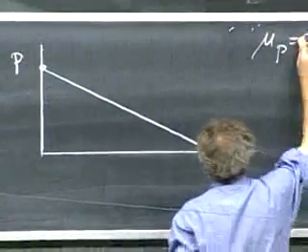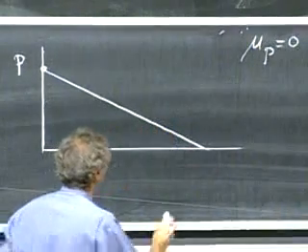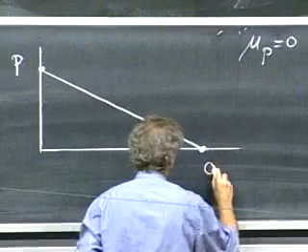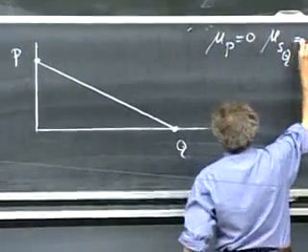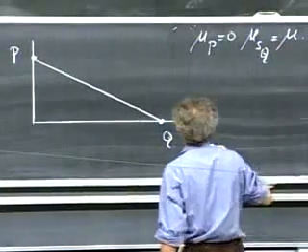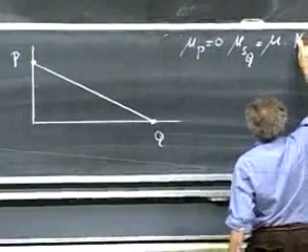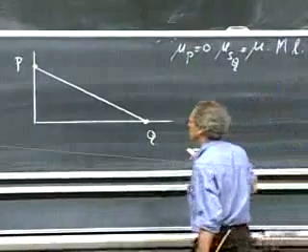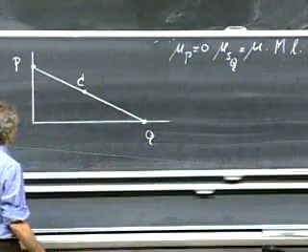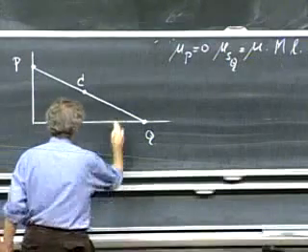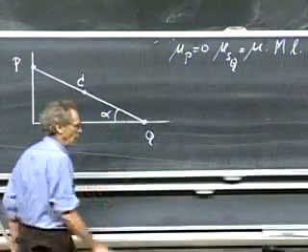Mu of P is 0. At point Q here, where it's resting on the floor, there is friction. The static friction coefficient at point Q, we'll simply call mu. The ladder has a mass m, and it has a length L. So here is the center of mass of that ladder, right in the middle. And this angle equals alpha.